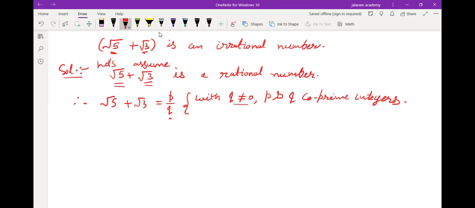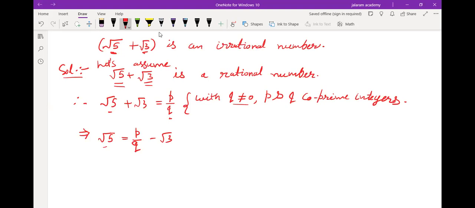For this, what should we do to remove the square root? First we will minimize the number of square roots. If we write this root 5 on one side and transfer root 3 to the right hand side, and then square both sides, the square root from this root 5 can be removed easily.